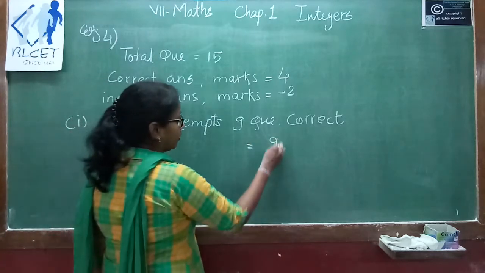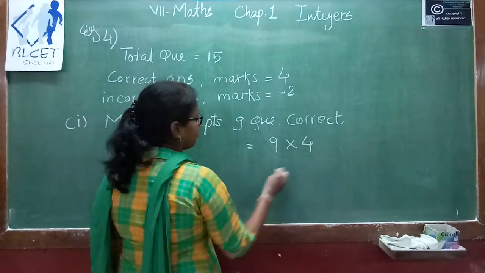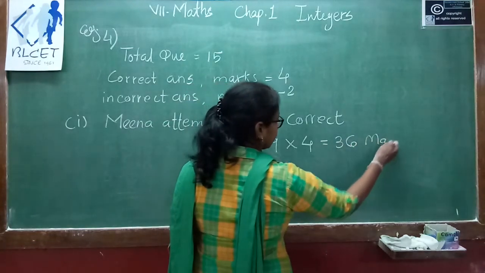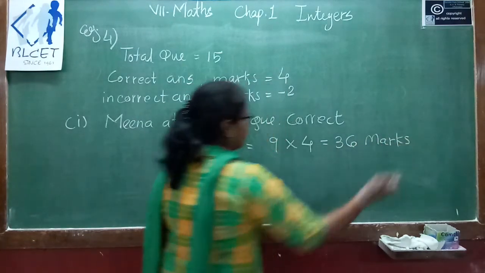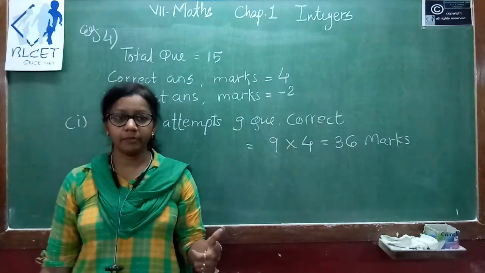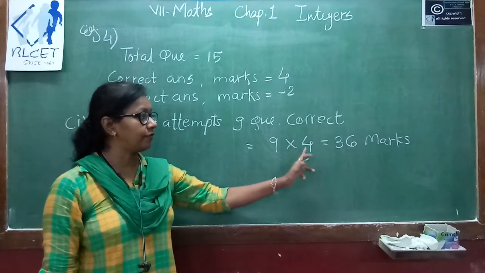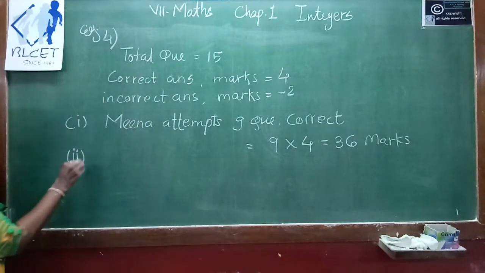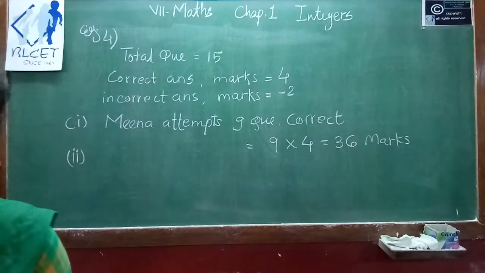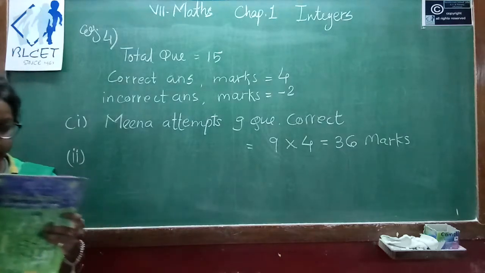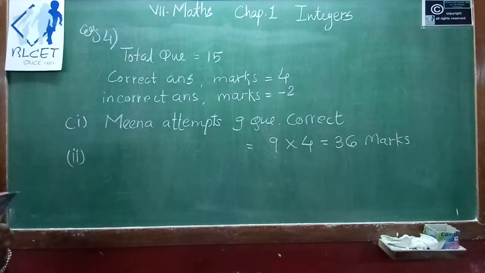The score is equal to 9 multiplied by 4. So what is the answer? 36 marks. If you give one correct answer, 4 marks, 2 correct answers, 8 marks, so for 9 correct answers, 9 4s are 36 marks. The second is, one of our friends gets only 5 answers correct. What will be her score?